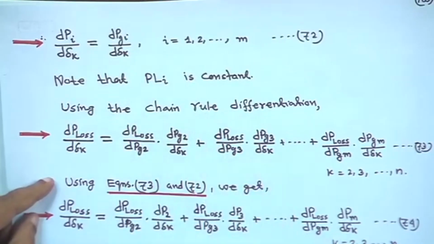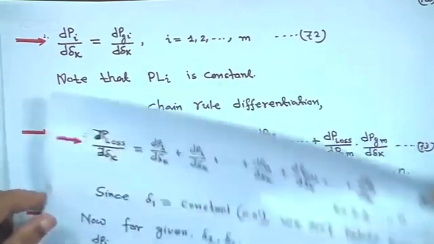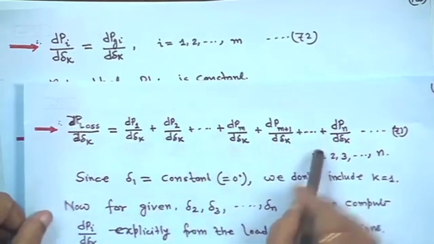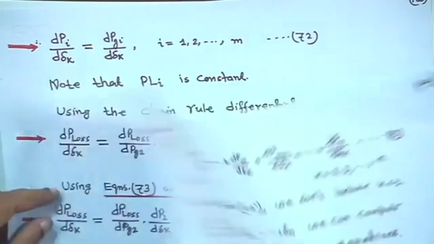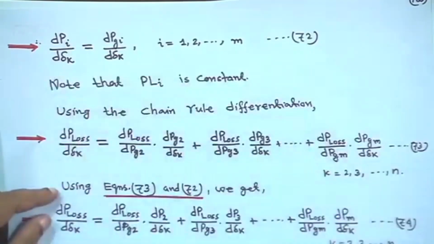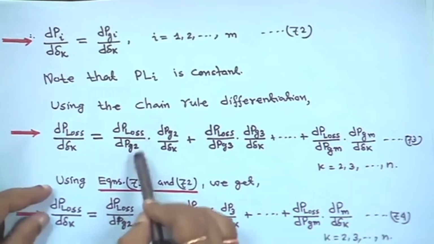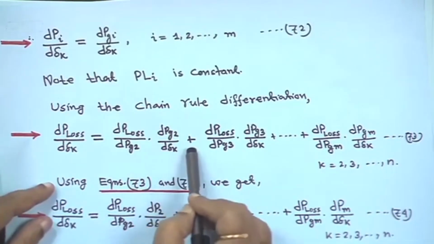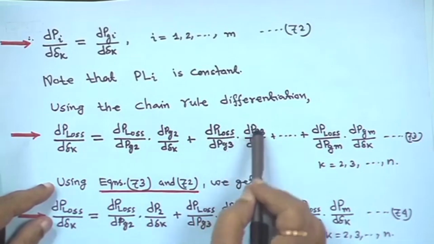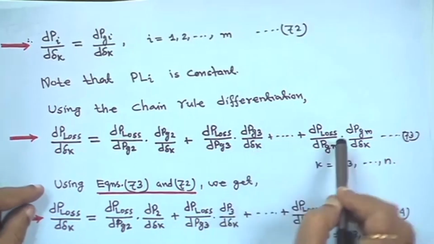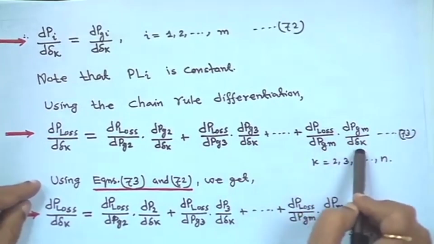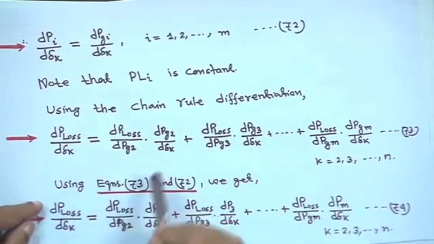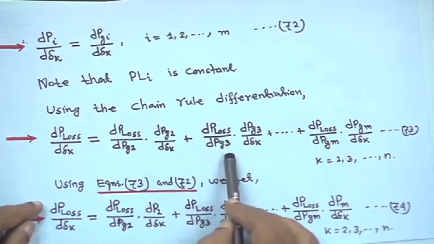At the same time, dP loss by d delta k can be written as dP loss upon dPg2 into dPg2 upon d delta k, plus dP loss upon dPg3 into dPg3 upon d delta k, plus up to dP loss upon dPgm into dPgm upon d delta k. So, it is the chain rule of differentiation, and this way you can write it for k equal to 2, 3, up to n.